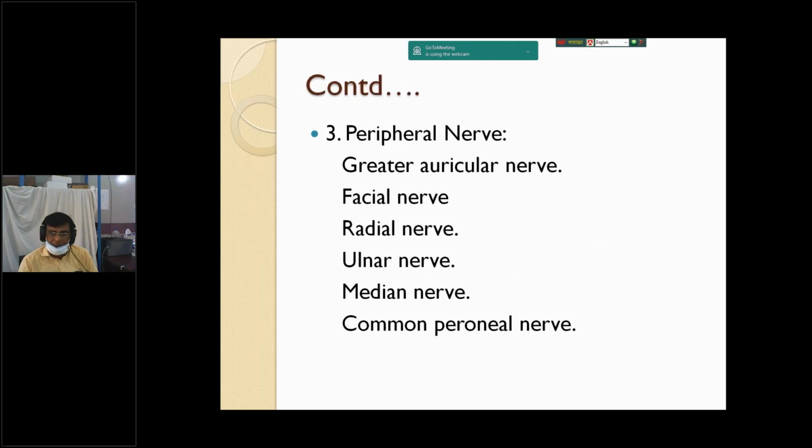And peripheral nerves: great auricular nerve, facial nerve, radial nerve, ulnar nerve, median nerve, common peroneal nerve. These are the spinal nerves, and the cranial nerves are involved in case of leprosy.